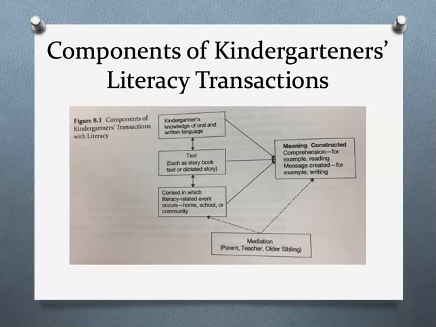Again, we said the mediator could be a parent, a teacher, an older sibling, a peer, and anybody that is a little bit more advanced than the child. And then the ultimate end result is going to be the construction of meaning. And by construction of meaning, we want to emphasize comprehension if we're reading, or that the message created has meaning if we're writing, right? If the child is writing.